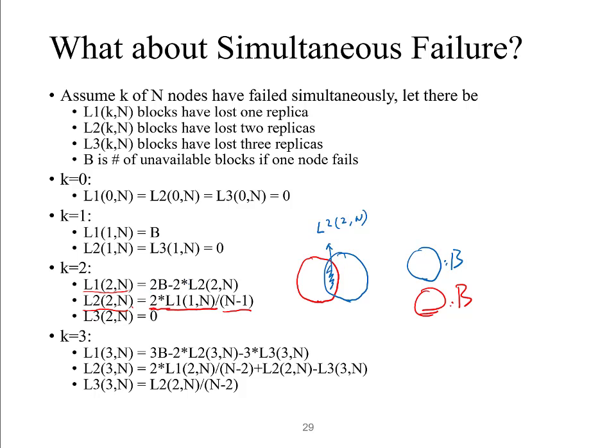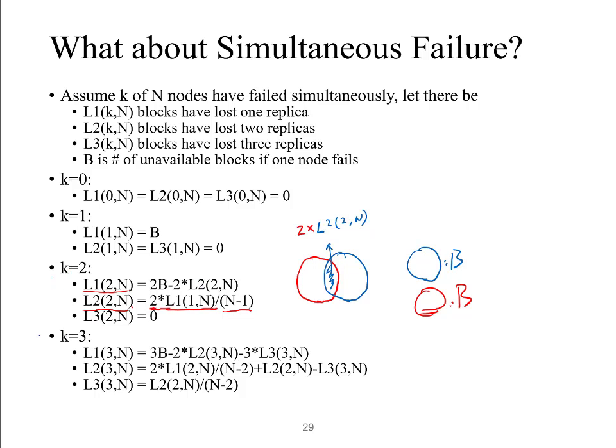So basically you have 2B minus, sorry, here should be 2 times, because L2 to n is the blocks that have lost 2 replicas. So the total replicas should be 2 times L2. So you use B plus B minus 2 times L2. That is L1 when k equals 2.